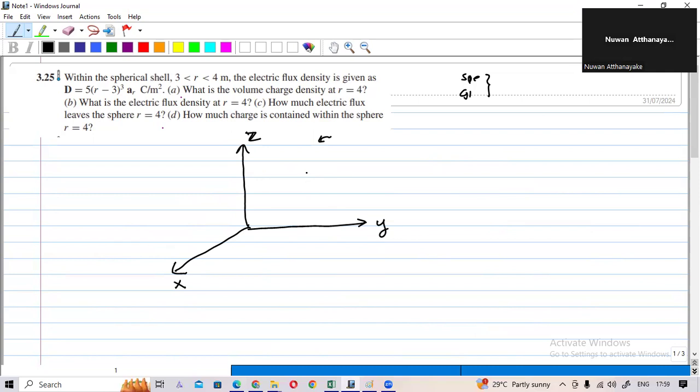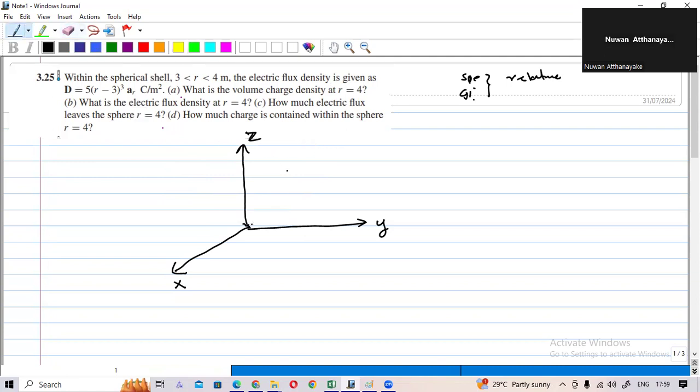But if you consider any point in spherical coordinate, the direction of this r is dependent on this point. No? If you select another point, the r direction will be changed. So in spherical coordinates and cylindrical coordinates, the directions are relative. But x, y, z, those directions are unique.